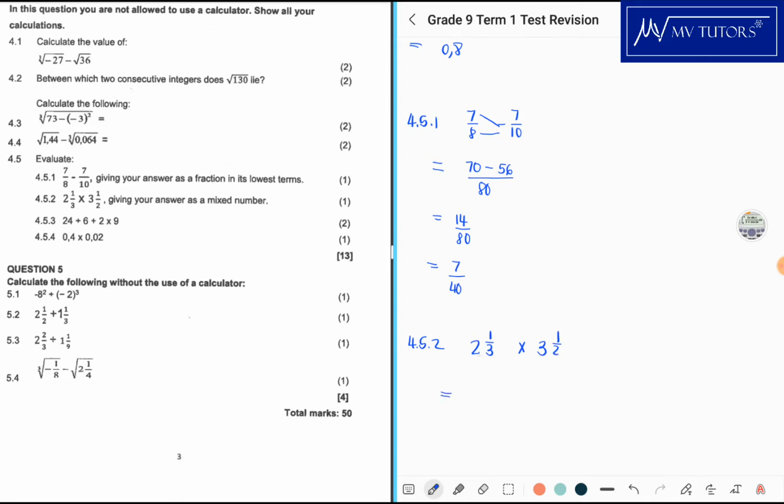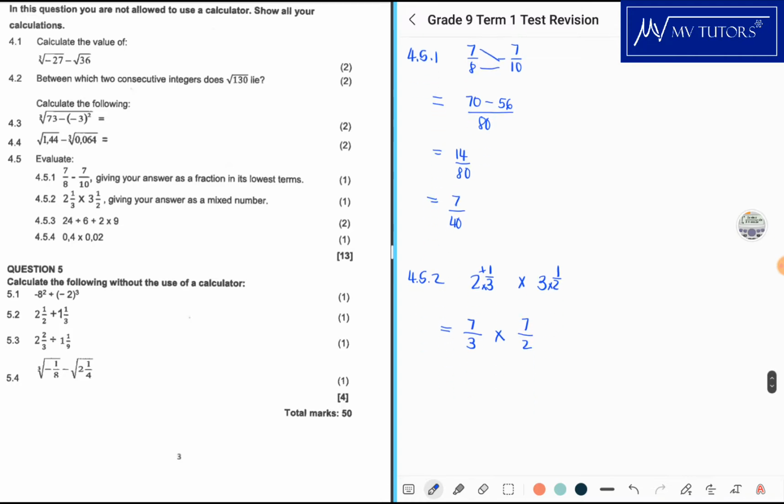What are we going to do to turn the mixed fraction to an improper fraction? We're going to say 2 times 3 plus 1. 2 times 3 is 6 plus 1 is 7 over 3. And then here we have 3 times 2, which is 6 plus 1. That's 7 over 2. And the nice thing about fractions is that we can multiply the numerators and multiply the denominators, and we leave it at that.